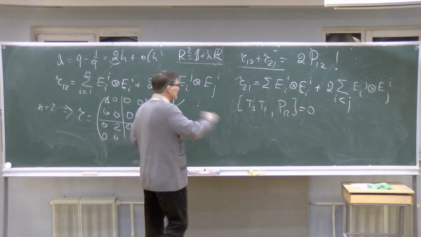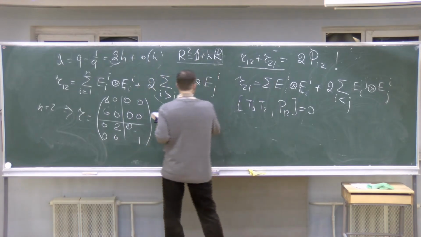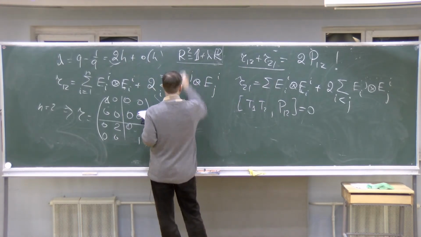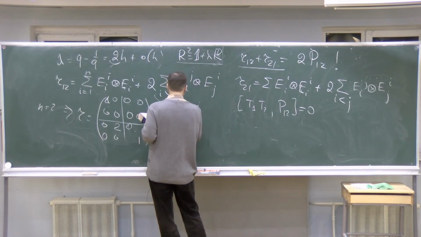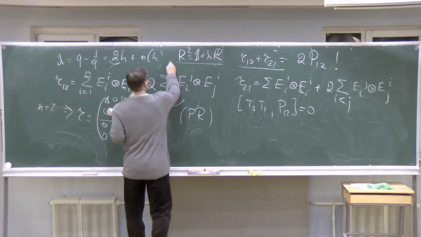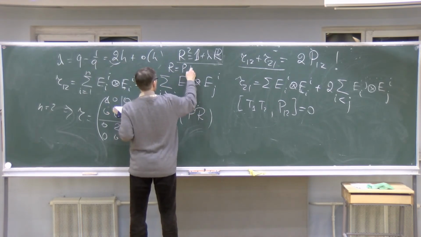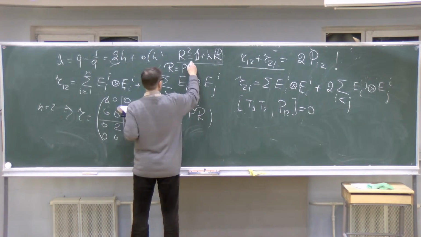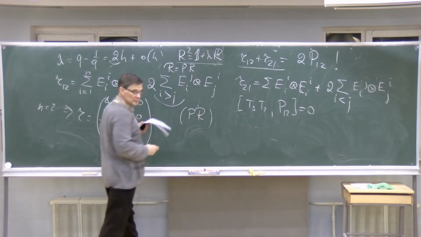Obligatory. This is very easy to verify because, for example, what is written here is P R beautiful equal to R, and P squared is equal to 1.